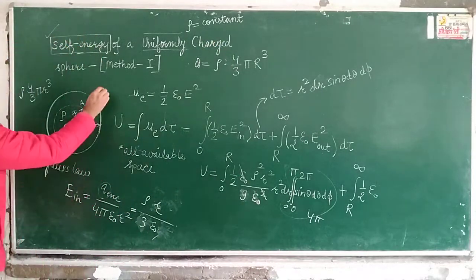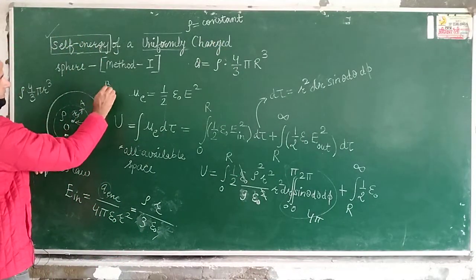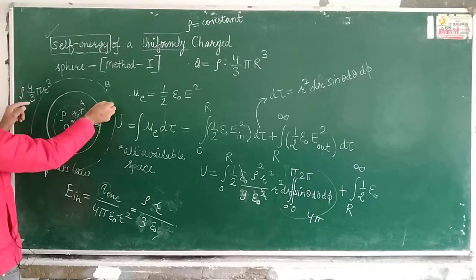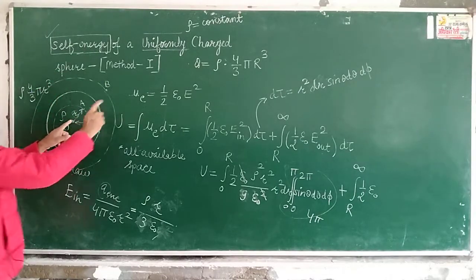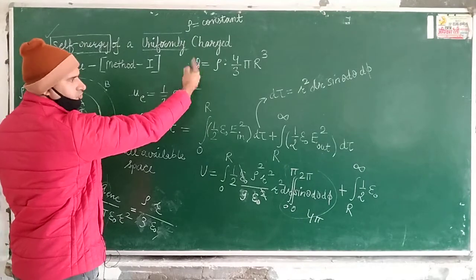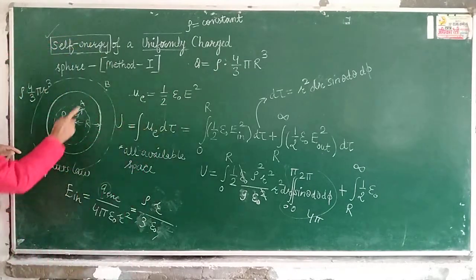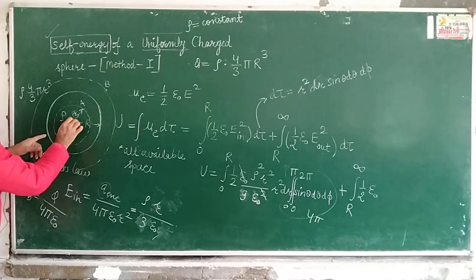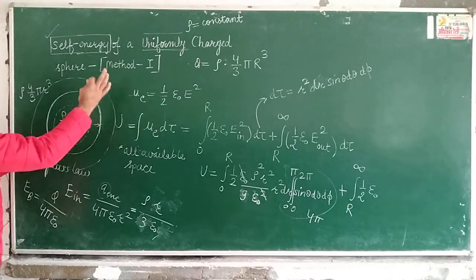So if you take any point B here and you are to find electric field, then you will take the Gaussian surface, and this Gaussian surface will enclose the whole charge Q. So the electric field at point B will be equal to simply Q by 4 pi epsilon node, and let this distance is RB.